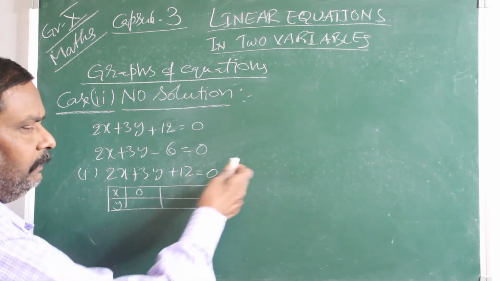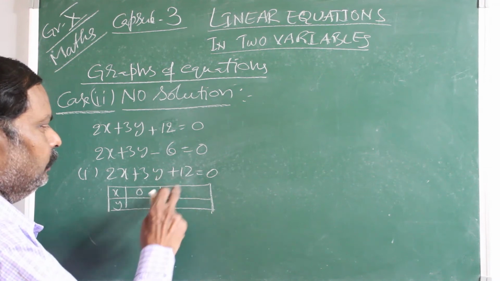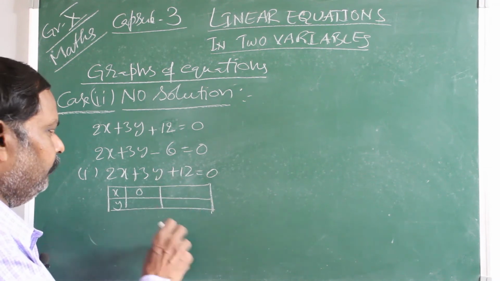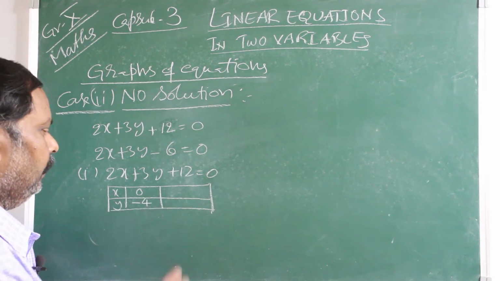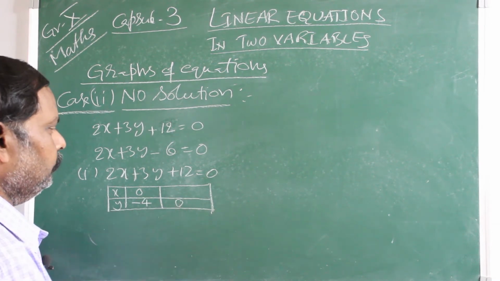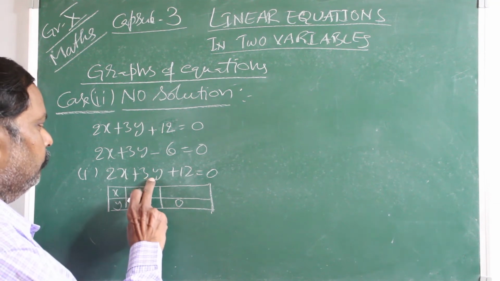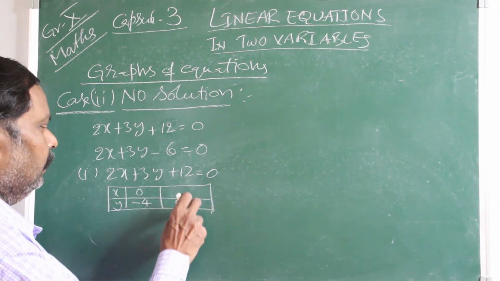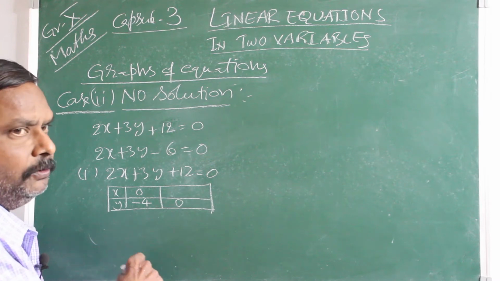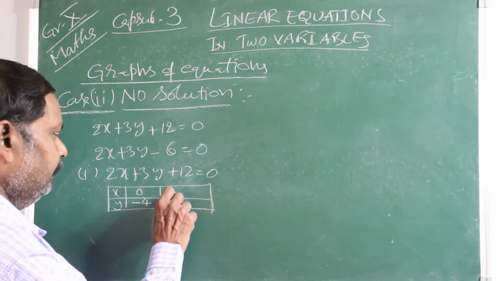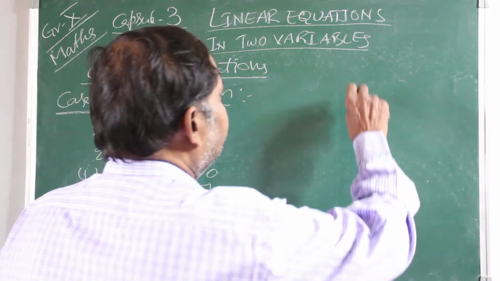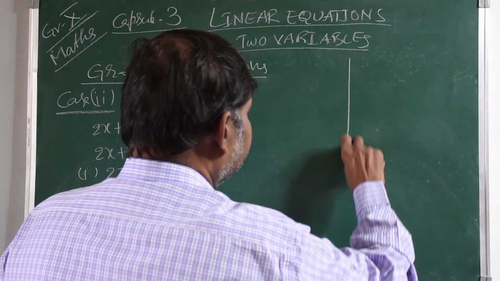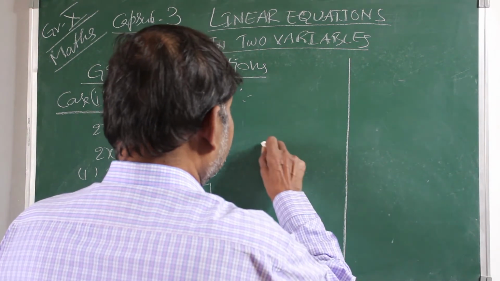Plus 12 taken to the other side becomes minus 12, then y is equal to minus 12 by 3, which is minus 4. Now take y is equal to 0, 2x plus 12 is equal to 0, then 2x is equal to minus 12, then x is minus 6. So now let us draw the graph for this.